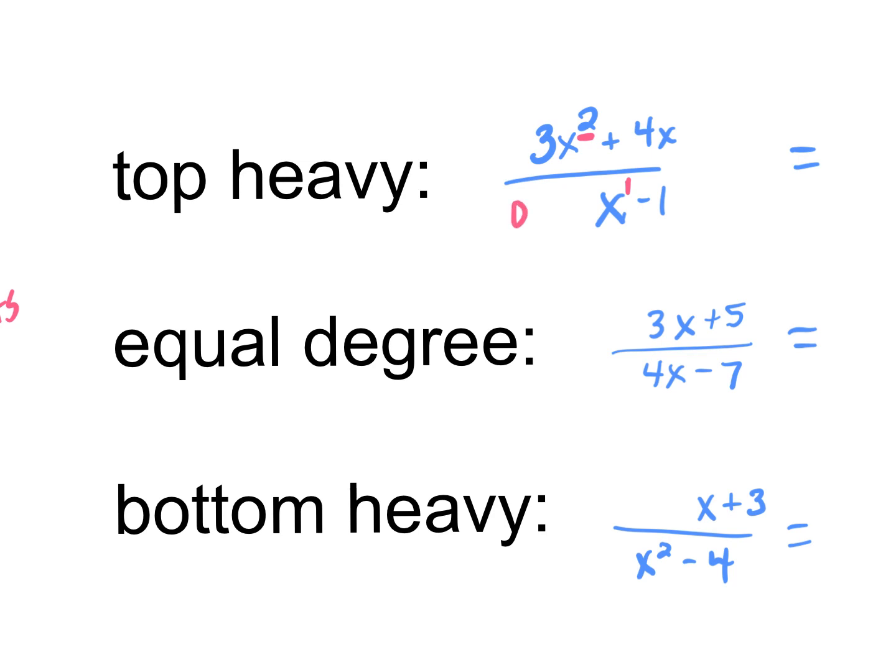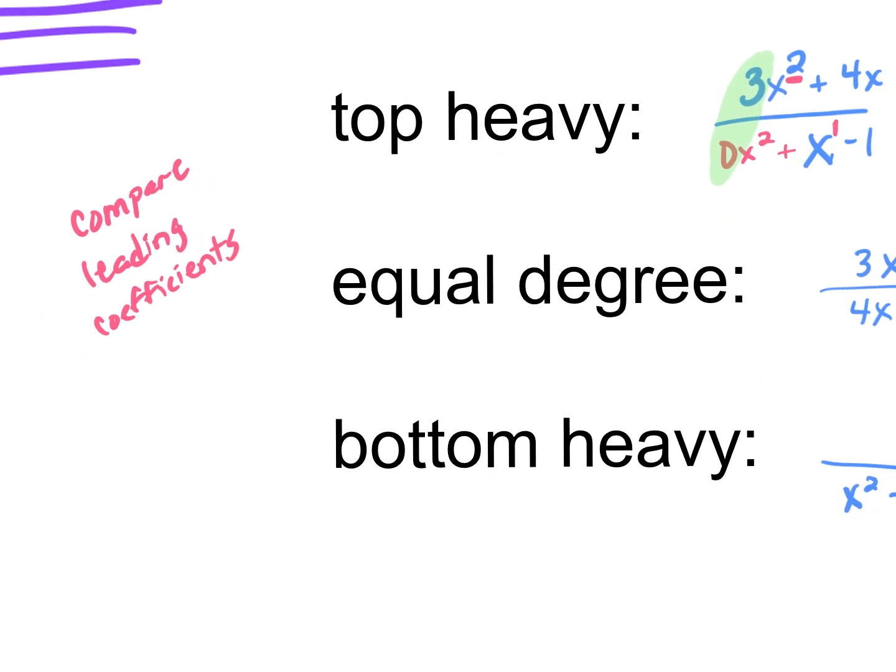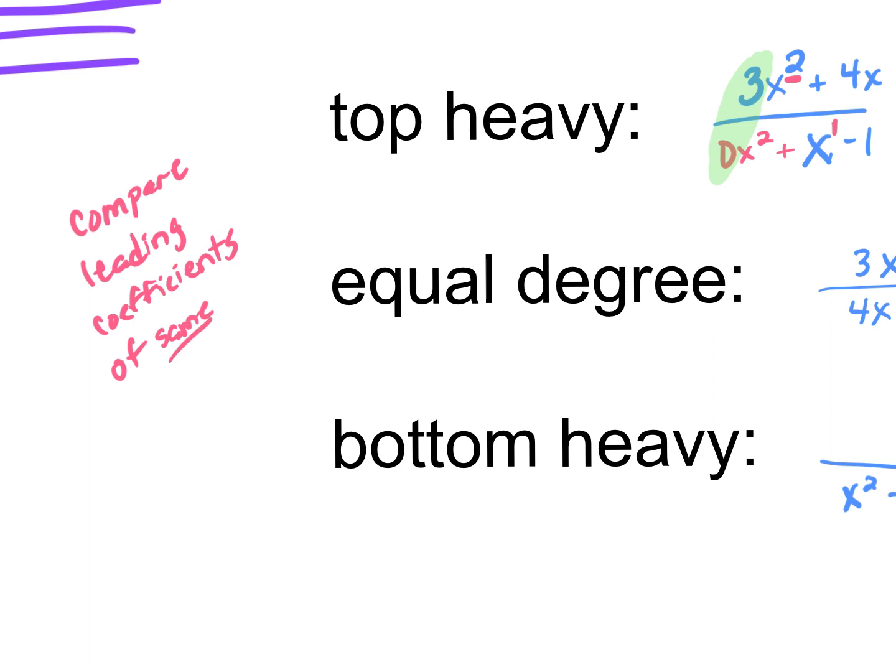So I need to add a 0 x squared in here plus x. And now I want to compare these 2 numbers. I want to compare the leading coefficients of the same degree. So they have to be of the same degree. And I should add that in here. Let's do that. Compare leading coefficients of same degree.